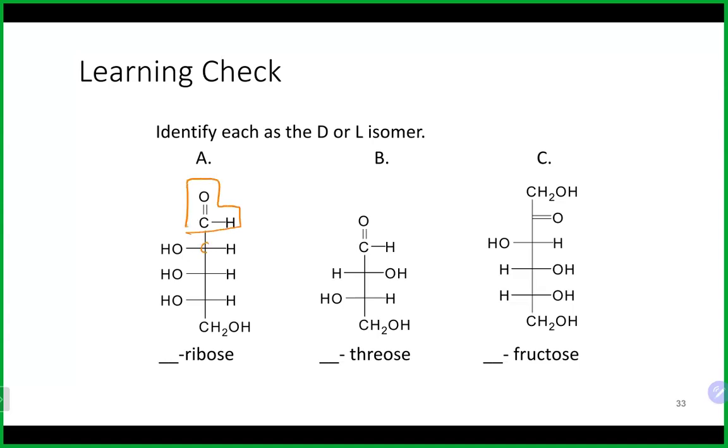Remember, these intersections are carbons. And since I see really different things on each of these sides, I know they are all chirocarbons. And I'm looking for the last one, which most of the time is about one step back from that guy on the bottom. Again, not 100% of the time, but most of the time it is. And that would mean my OH group here is on the left. So that would be L in this case.